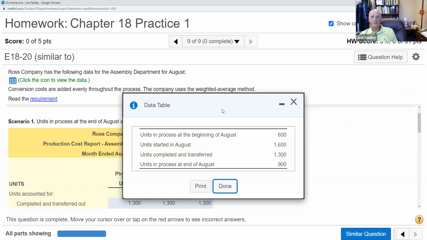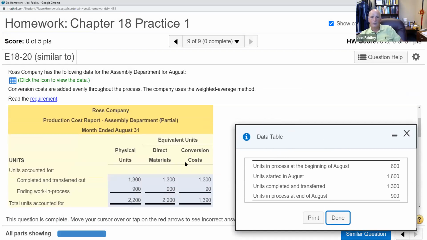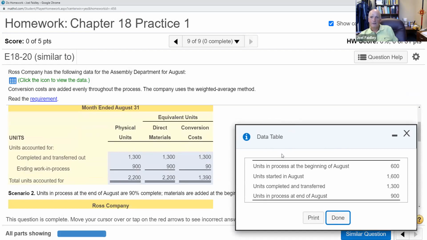Finally, number 9. All right, this is similar data for all of these. We've got what? Units to account for. Completed and transferred is 1,300 plus 900. So we got 2,200 units to account for. 1,300 processed out, 100%. 900 are still there.